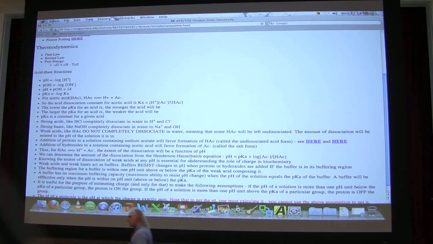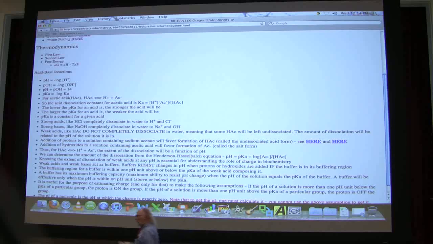Now, I told you that acetic acid has a pKa of 4.76. That tells you that pKa is a constant for a given acid. Whenever I have acetic acid, it will always be 4.76. It will never change. I can change the protons, I can change the hydroxide, but the pKa will be a constant. The pH will change, but the pKa won't.